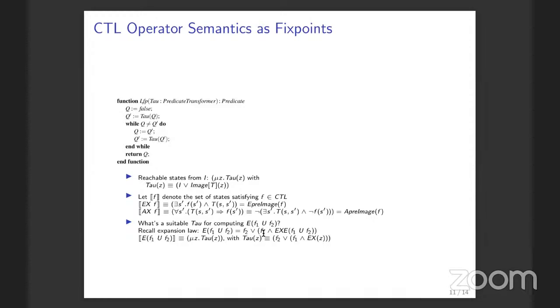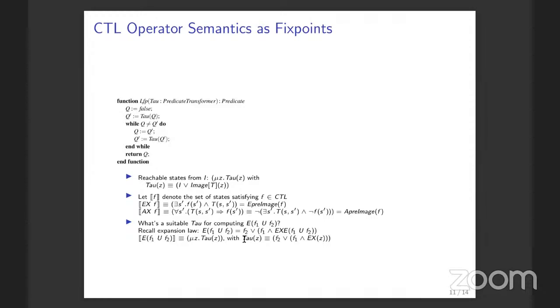You remember that's how you did the explicit state model checking. Here we are just doing it over symbolic formulas. So let's look at that. This is what I'm claiming: the EU operator can be characterized, defined as the fixed point of this tau.